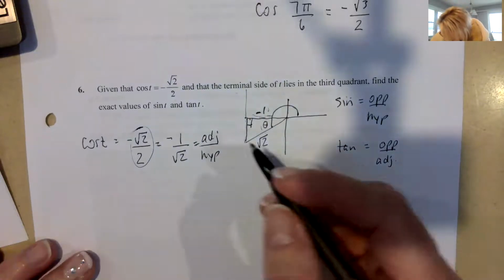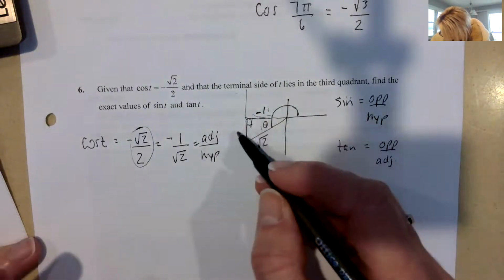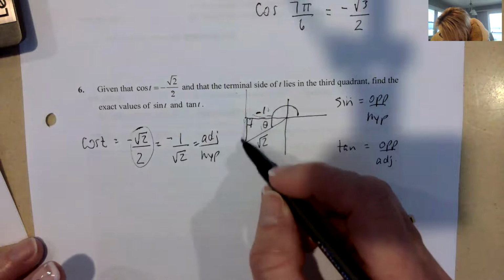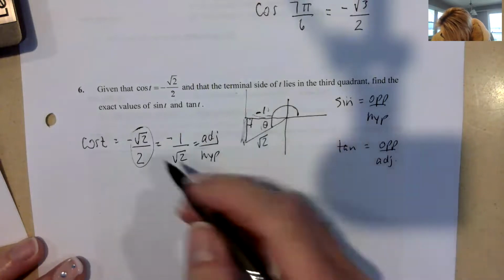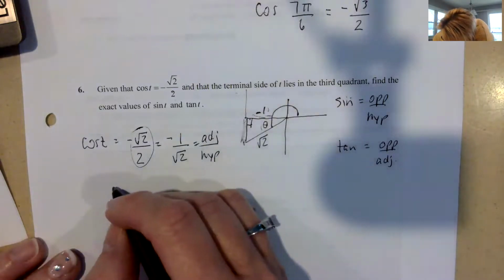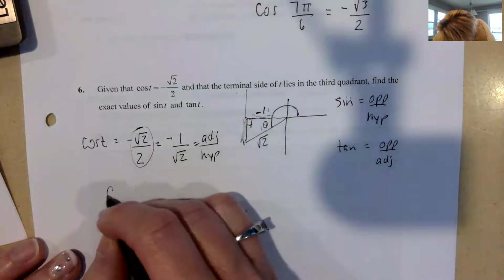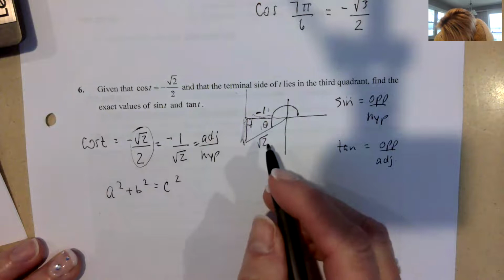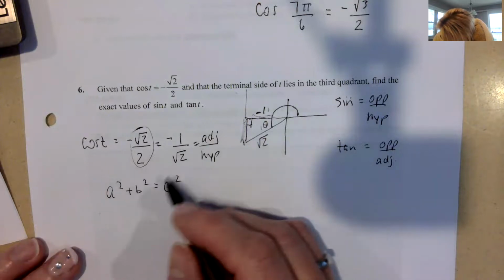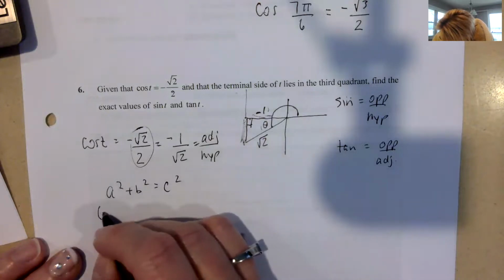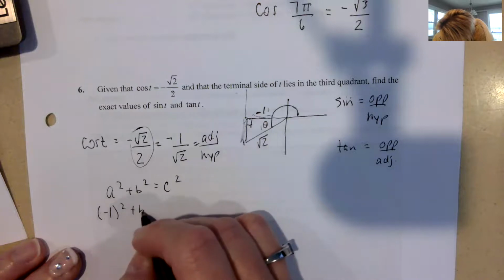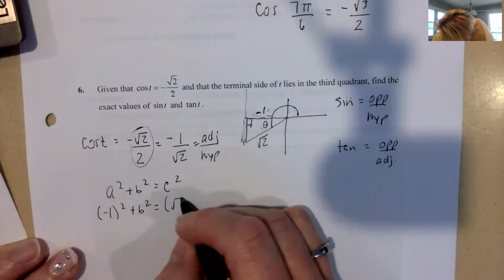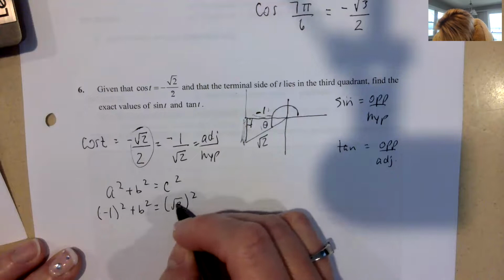We can find sine, the y value here, by using the Pythagorean theorem, a squared plus b squared equals c squared. We've got negative 1 squared plus b squared equals the square root of 2 squared.